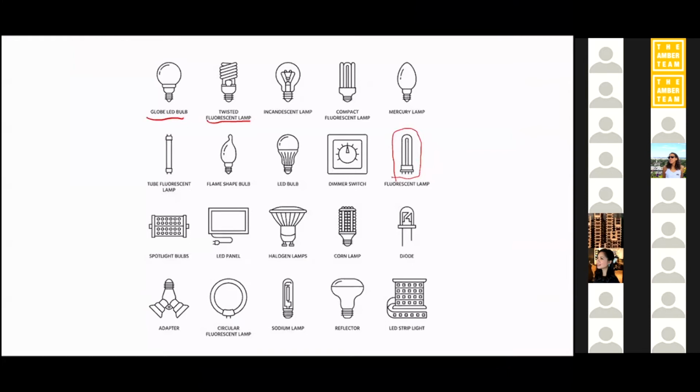The reason we'd rather not have the ballast in the lamp itself, and the lamp is the light bulb, is because we'd prefer to have it in the fixture. It's a piece of electronics, and so these guys that don't have a ballast are much cheaper to buy than these guys that do, because these guys that do have a piece of electronics that you're buying also, and that you're throwing away when it's done.